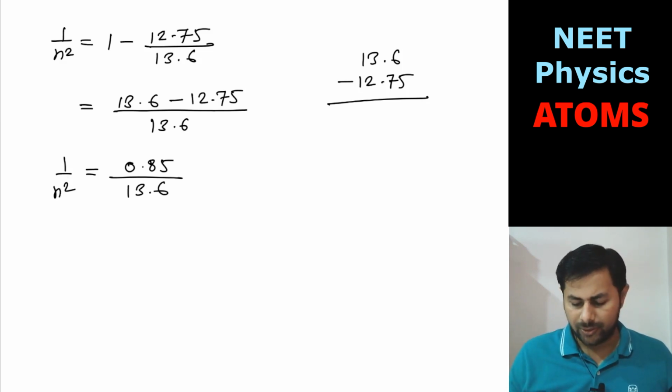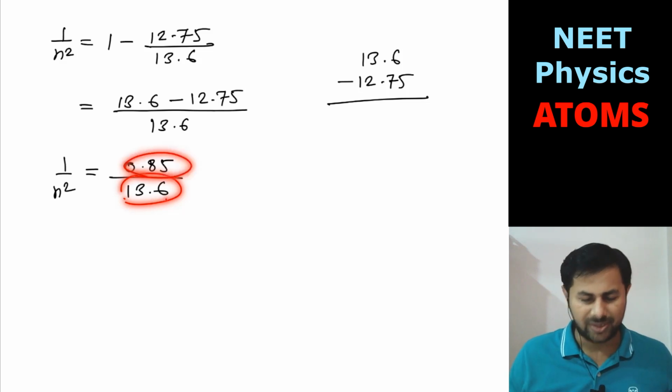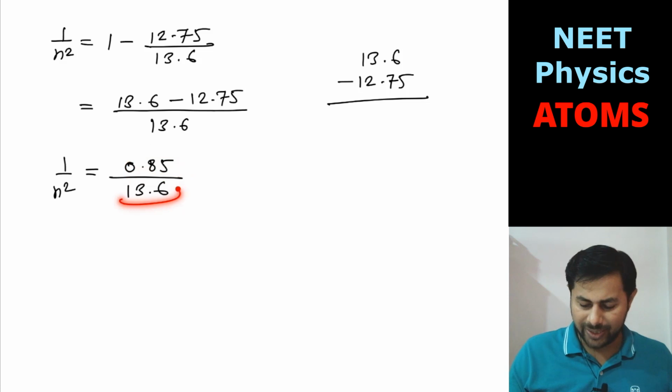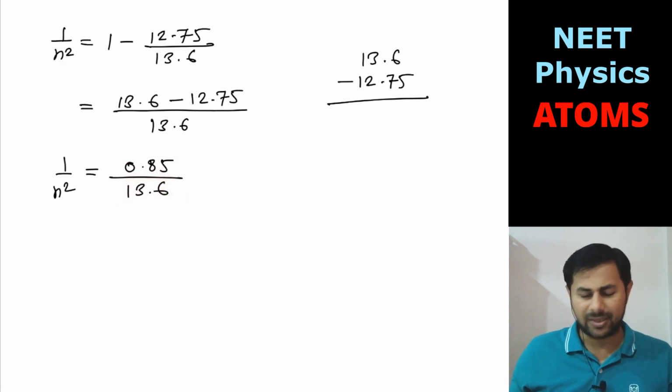Now if you divide 13.6 by 0.85, what will you get? You will get a number which is a little bit greater than 13.6. So you can say it will be close to 16.